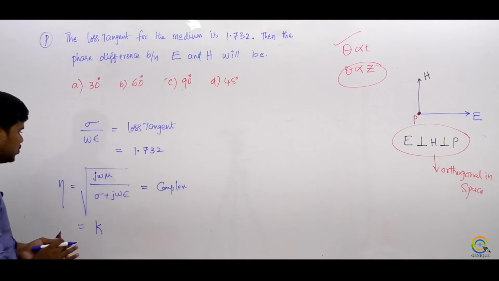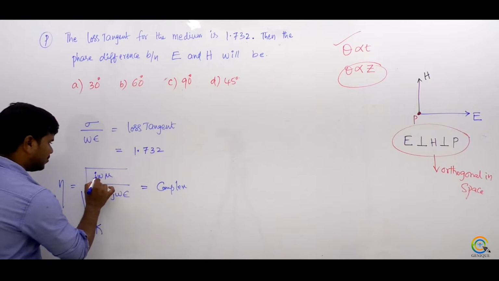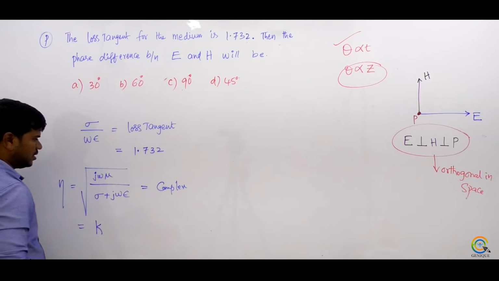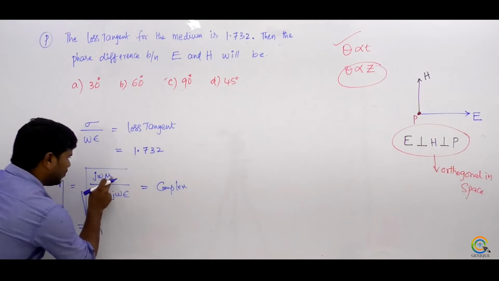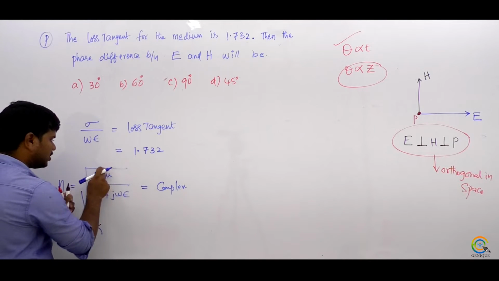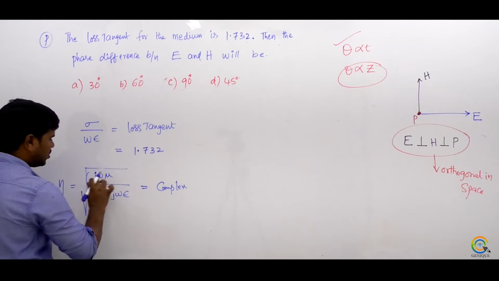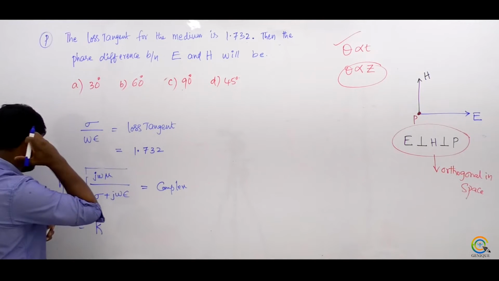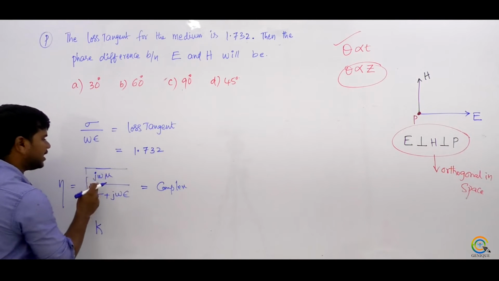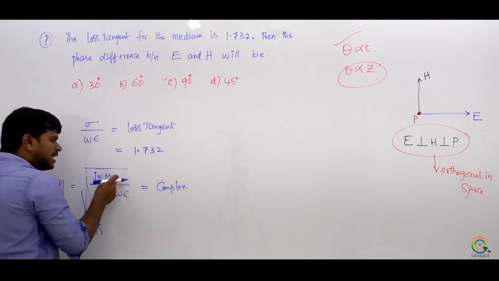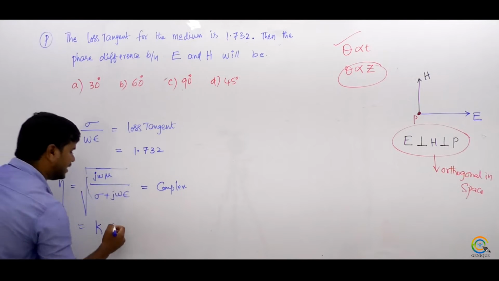Then what will be the phase? It is under the root, but first find the phase of this term. The phase of the numerator is tan inverse of imaginary by real: imaginary is omega mu, real is 0, so 90 degrees.